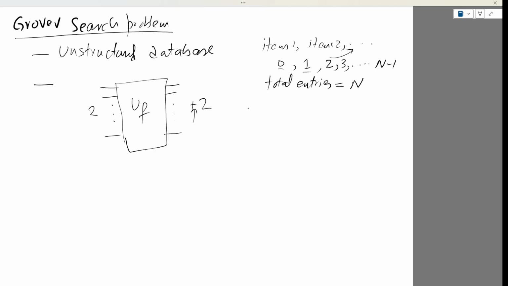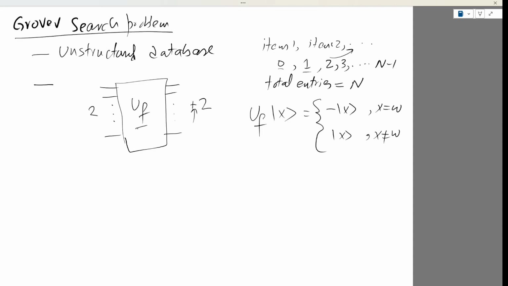So in quantum terms, this oracle UF, when it operates on some input x, gives it a minus sign if the input is the item that we are looking for. Suppose the item that we are looking for is W, and it gives the input as it is on the output if the index is not of the item that we are looking for.